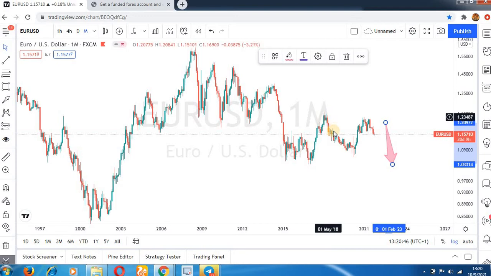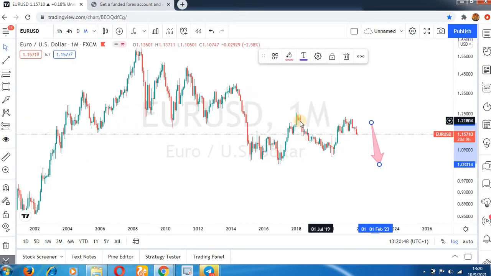But to be sure of where price will turn from, you have to start looking at exact demand zones or demand prices or supply prices that price can turn from. That's why I can point out and say, these are the probable prices that price can turn from. So if it doesn't take this, it will take the other one. Are you with me?